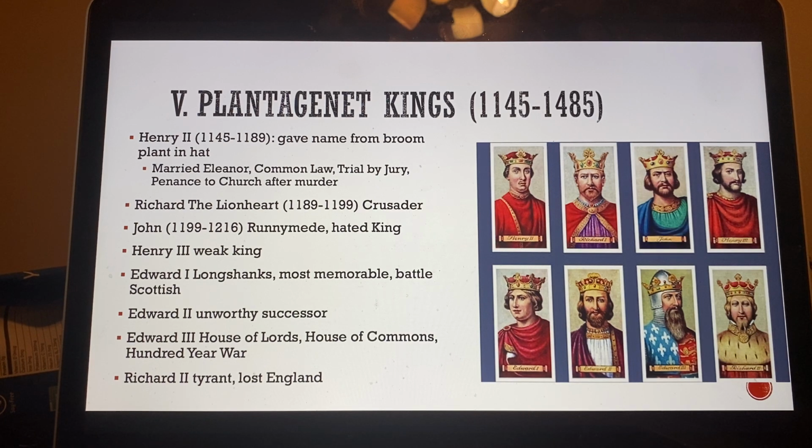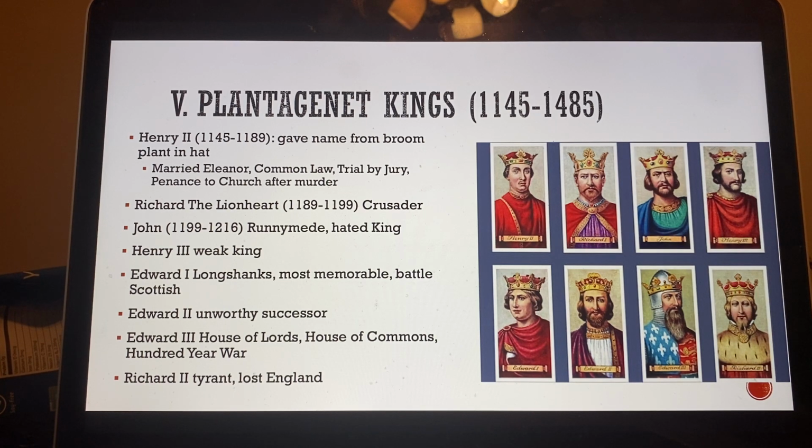And then during this time, we also have the common law, trial by jury, basically Henry doing penance to the church, because what happened with Henry, as you recall, there was a murder. His knights murdered the Archbishop of Canterbury, and Henry had to go apologize to the Pope, which he did. So this is the same guy, Henry II.